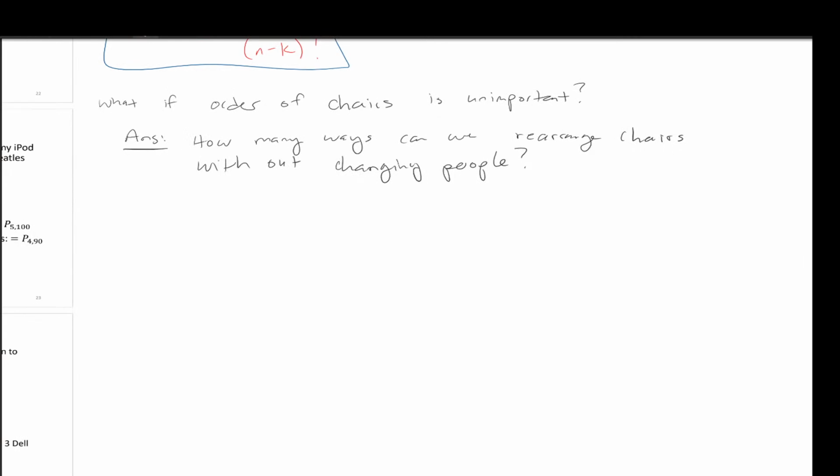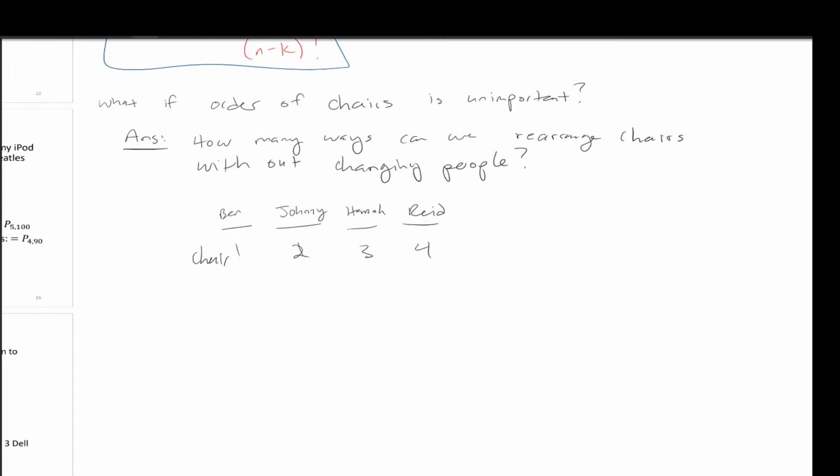Well, for each spot, I could put any of the 4 chairs in that spot. So let's say I've picked the people: Ben, Johnny, Hannah, and Reed were chosen. How many ways can I change the chairs now? Well, Ben, Johnny, Hannah, and Reed can get any of the 4 chairs.